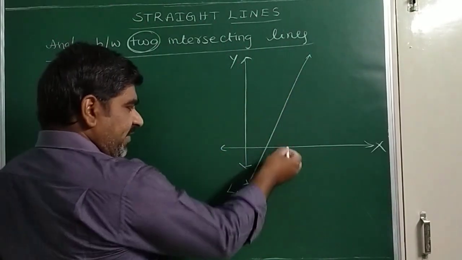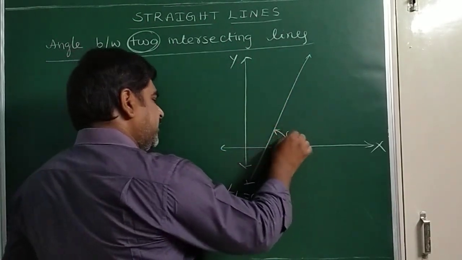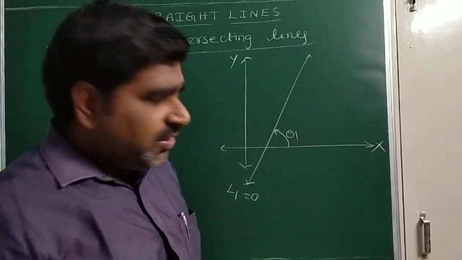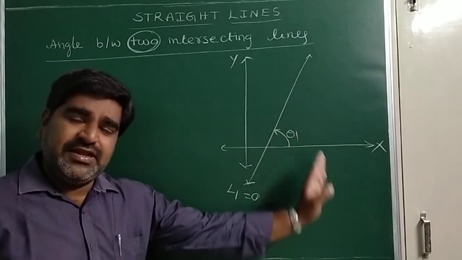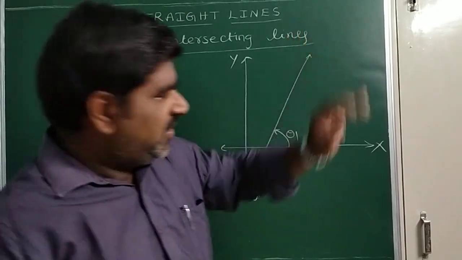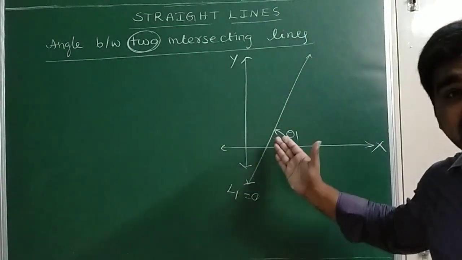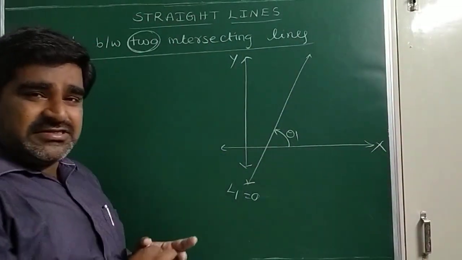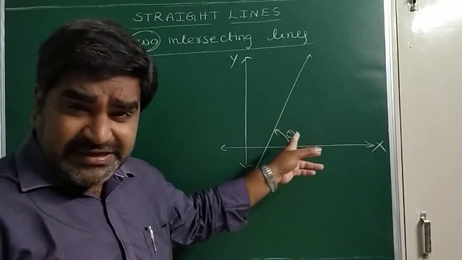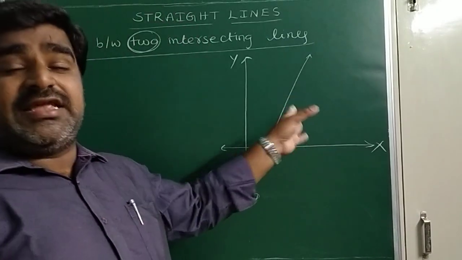This line makes an angle theta 1 with the positive direction of the x-axis. Is it the inclination? Yes, that is the inclination.